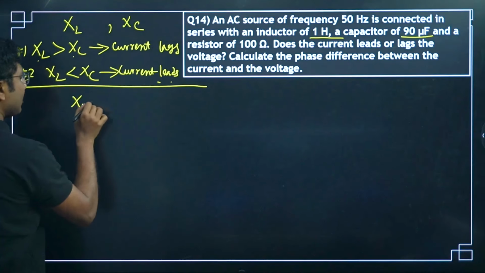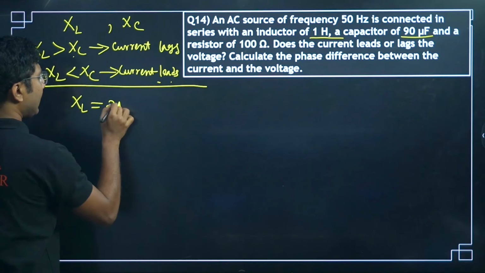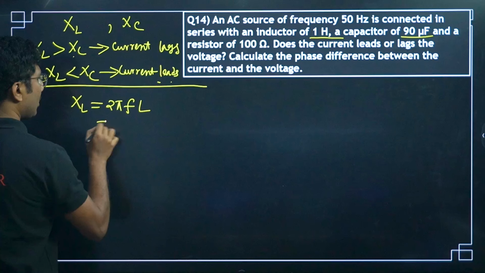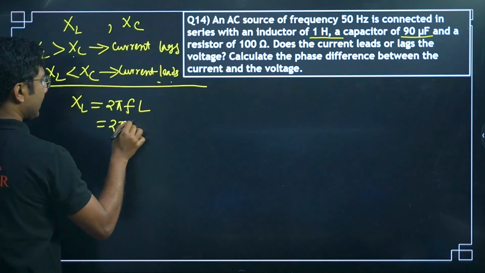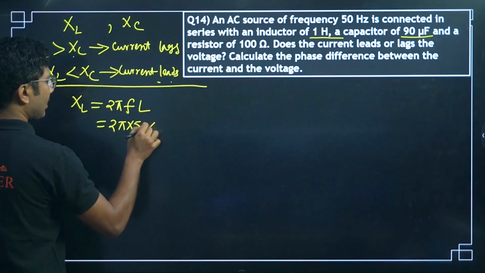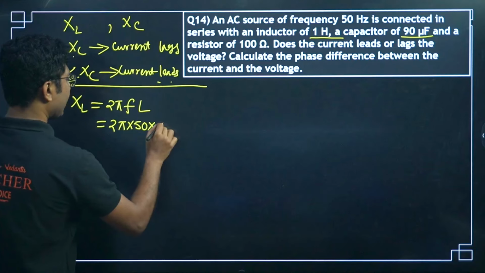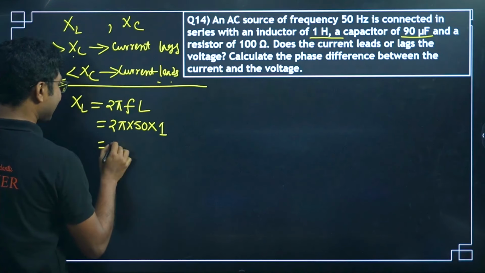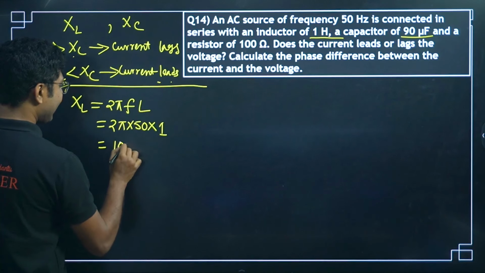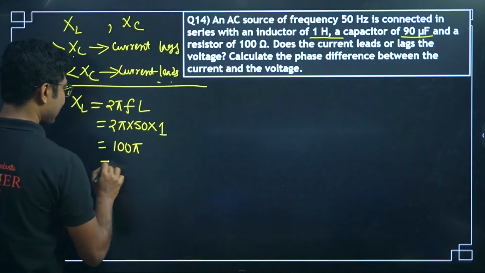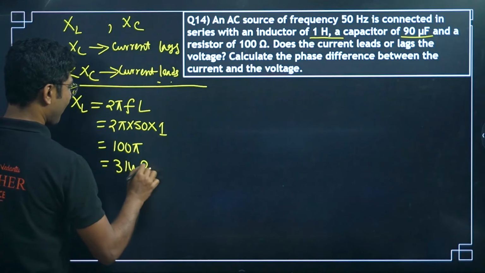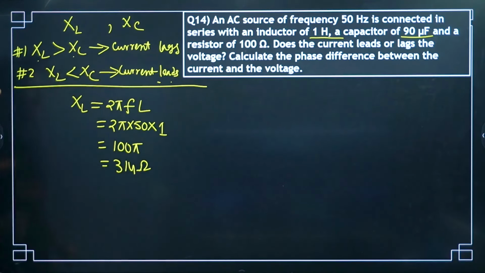So, XL is equal to 2 pi F into L. So, 2 pi into 50 into L, which is 1 Henry. So, the value of XL is exactly 100 pi, that is 314 ohm. Okay, 314 ohm.